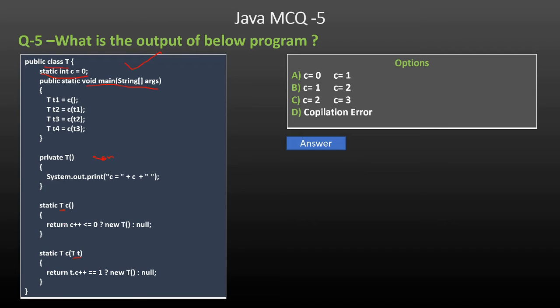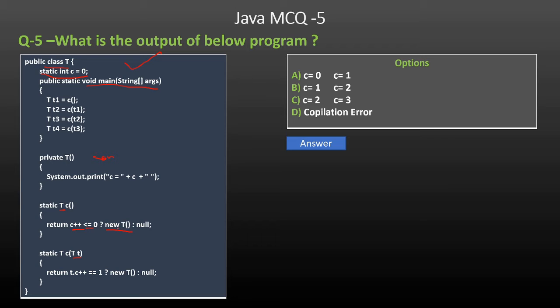So the return will be, as you can see, it's trying to add at the end of C, which means whatever comparison happens here will happen with the earlier value of C, which is 0. Because 0 is less than or equal to 0, this will be true. Here we are using the ternary operator, so because it's true, the first value will get returned. So the object of this T class should be returned, and it should be assigned to this reference variable T1.